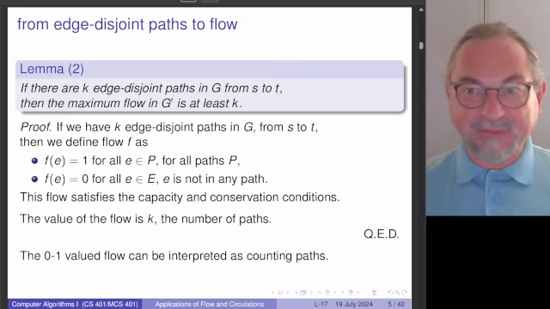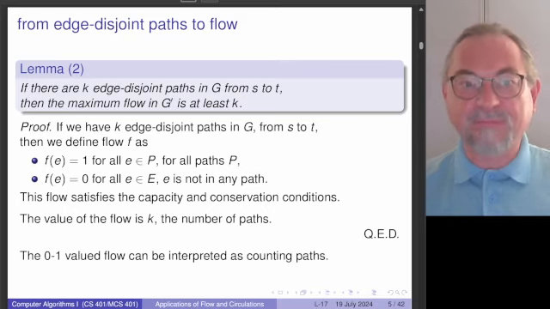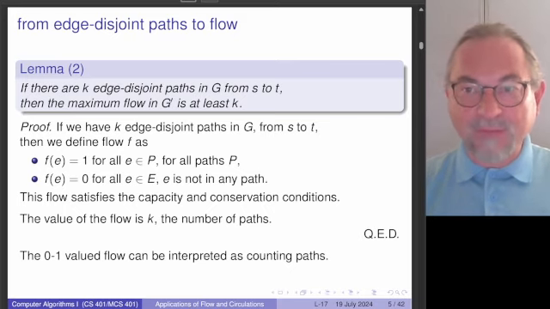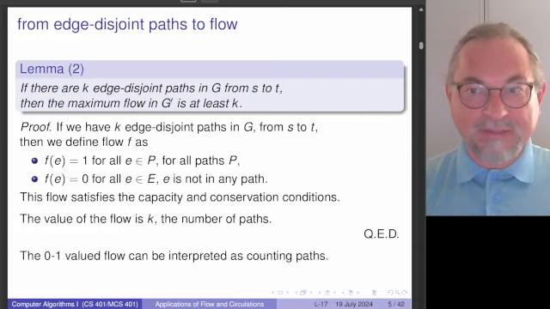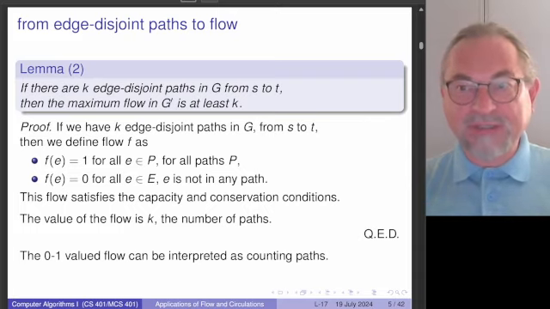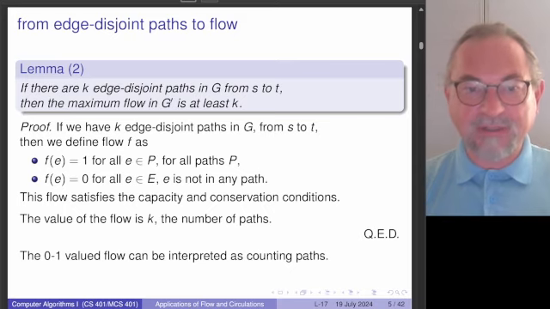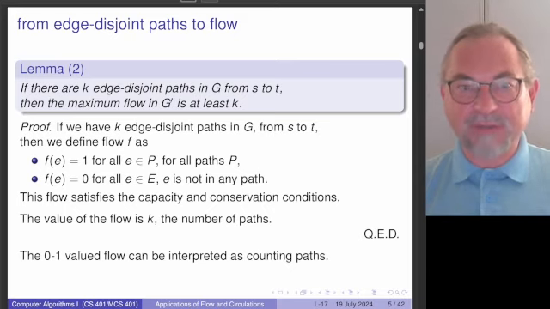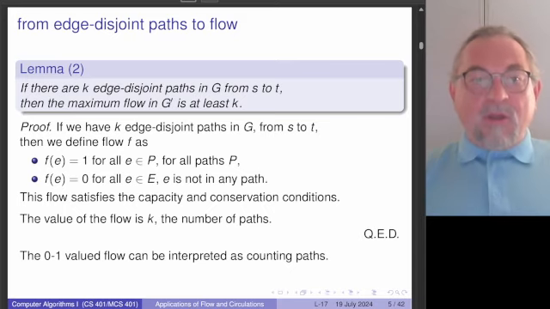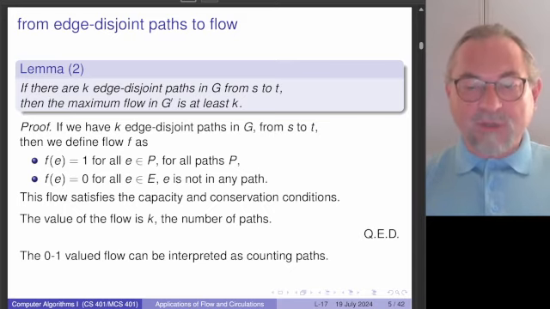So the value of the flow is k. The fact that we have defined a flow with 0 and 1 suggests that we are counting things. We are counting paths. So one direction works.